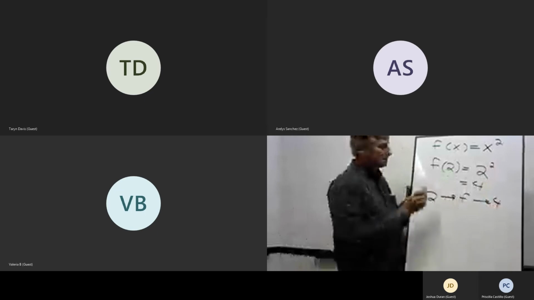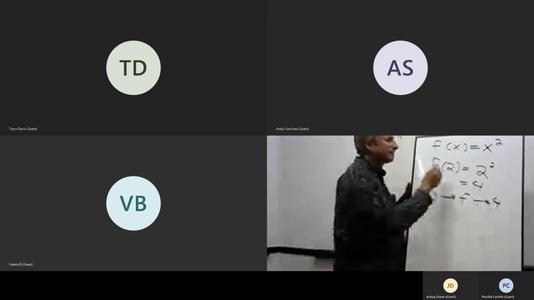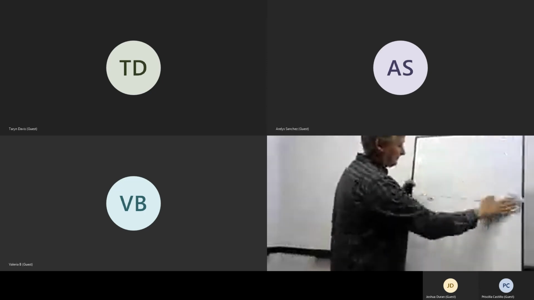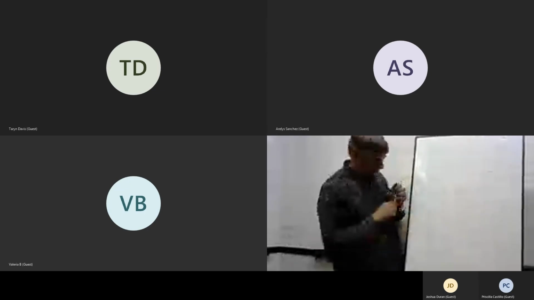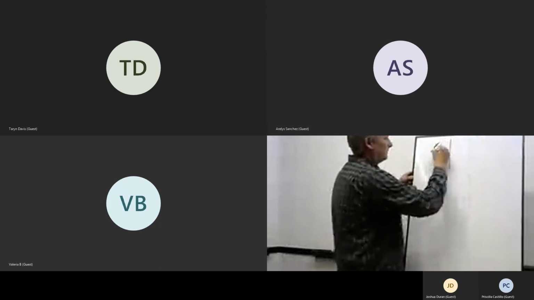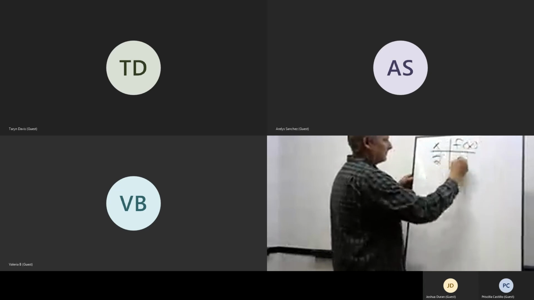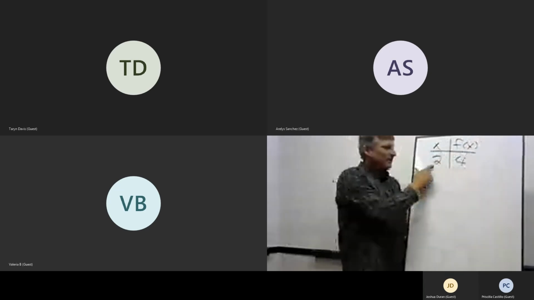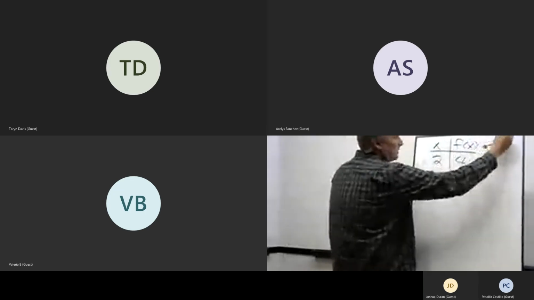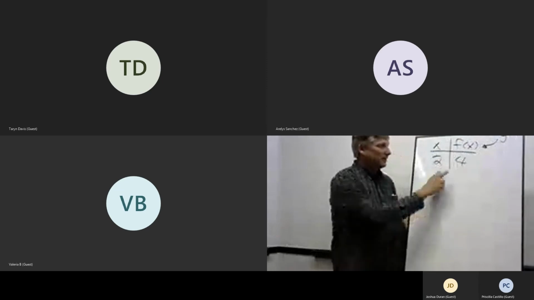And so what we would do is we would make a chart of inputs paired up with their outputs. So for input, we have our output. And oftentimes, we'll call f of x y. And then we can graph these.